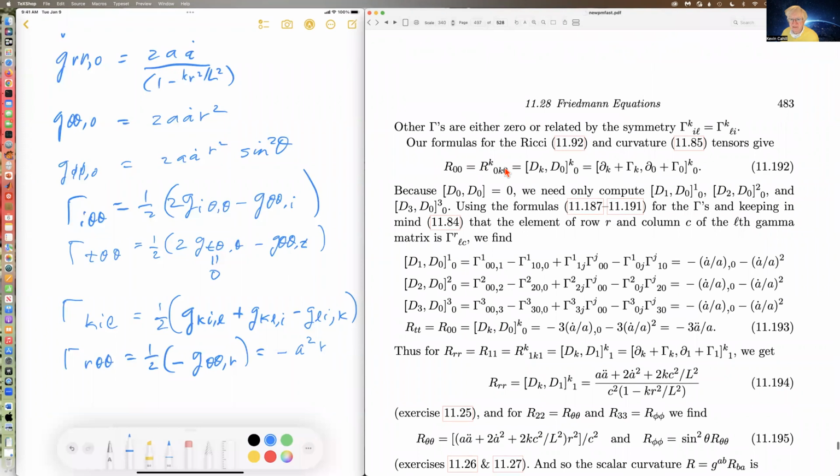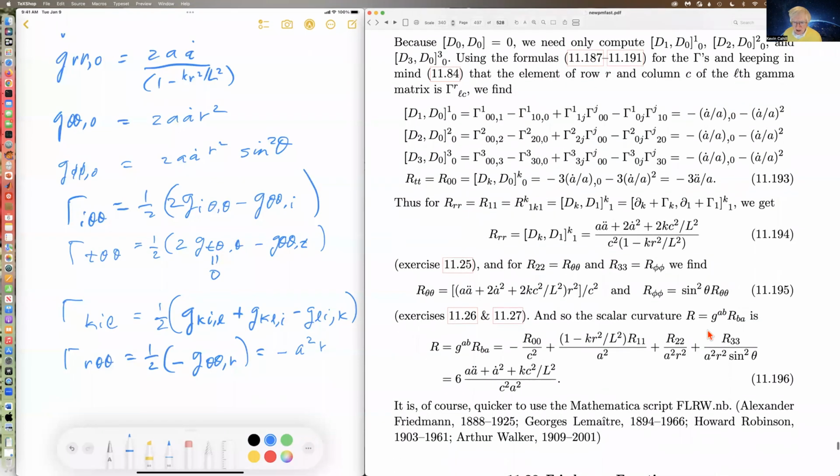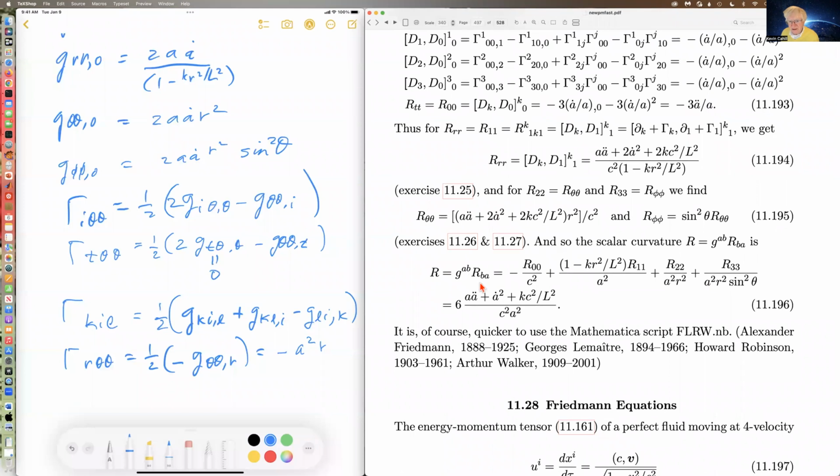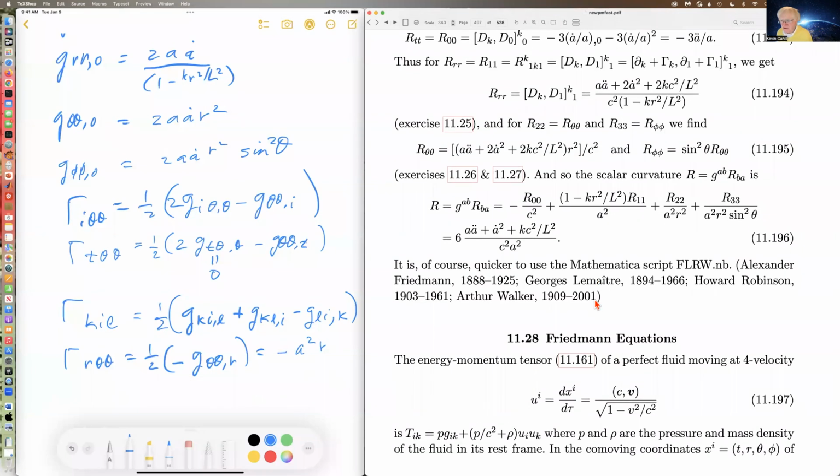R00 was obtained up here, and it turns out to be minus 3a double dot over a. You then sum these with the inverse metric tensor, and you get the Ricci scalar. It turns out, of course, that there is a Mathematica script that does this.